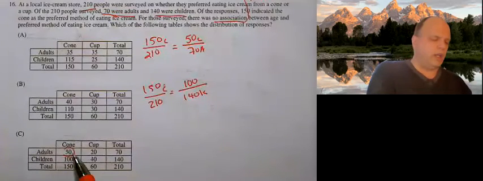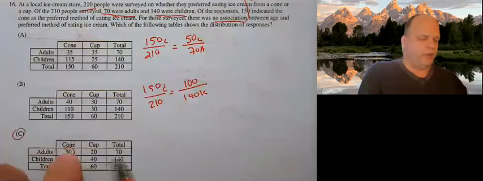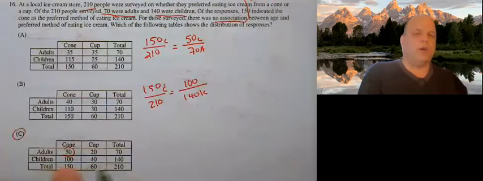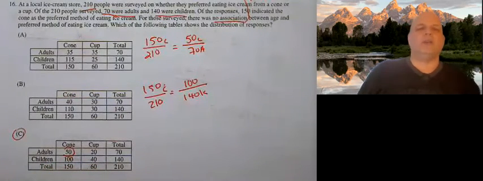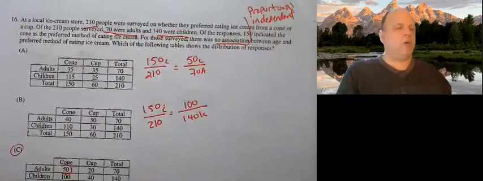And sure enough, that's what we have here. 100 children preferred the cones, 100 out of 140. This is proportional: 50 over 70, 100 over 140, 150 over 210. All right, so that takes care of question number 16.